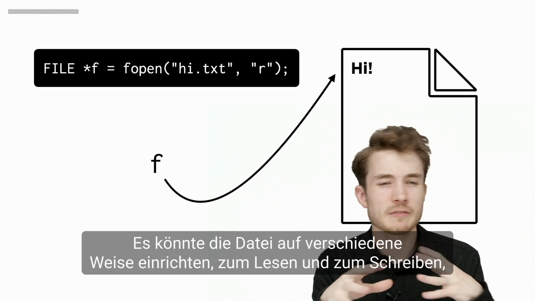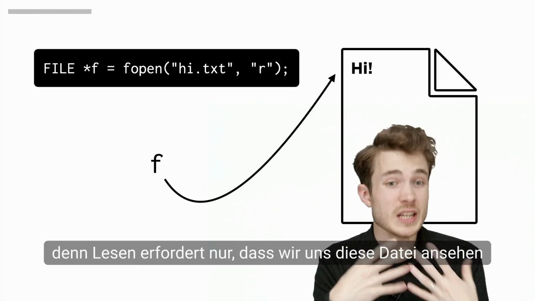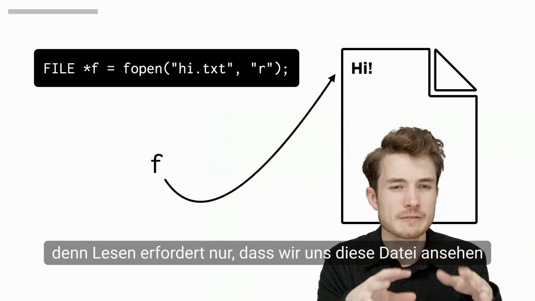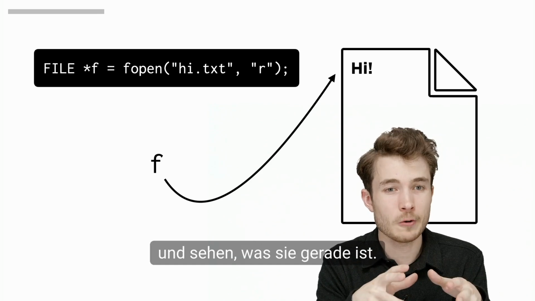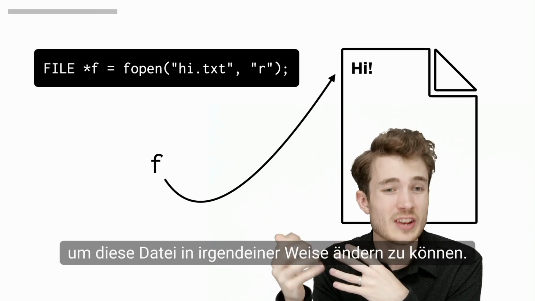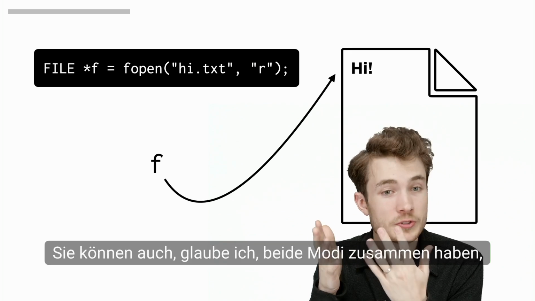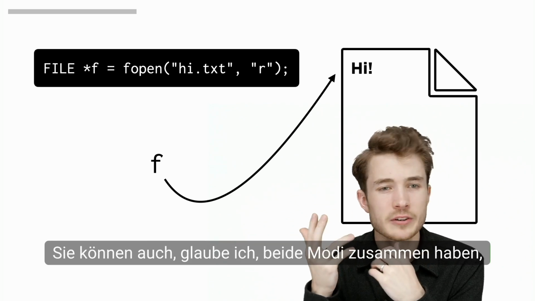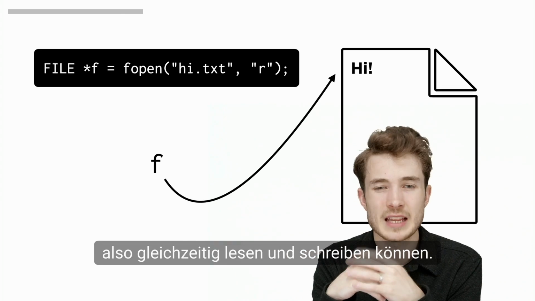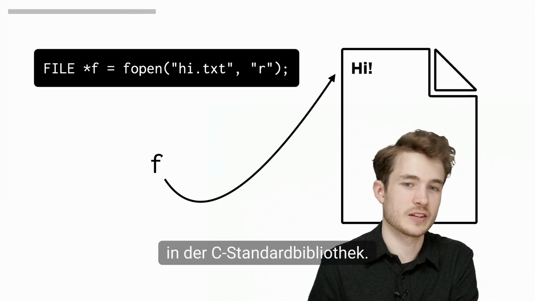It might set up the file in different ways for reading and for writing. Because reading just requires us to look at that file and see what it is right now, whereas writing, we have to set up the entire process of being able to change that file in some way. You can also, I believe, have both modes together, able to read and write at the same time. There are also other kinds of modes you could look up as well in the C standard library.